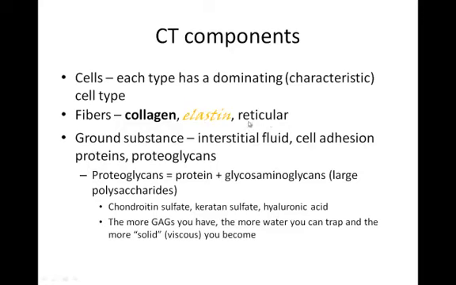Reticular fibers are also collagen fibers, but much smaller, and they form a network. Reticular means network, and we find them in areas where we need a mesh network for cells to reside in. You can think of them like a hammock; cells would lay in this little mesh network of reticulum.